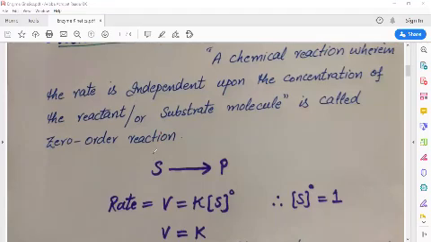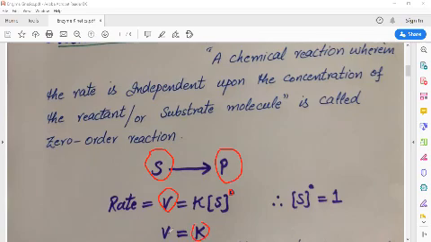In the general reaction, we can see this is the substrate molecule or the reactant molecule which is converted into the product P. The rate of the reaction or the velocity V of the reaction is equal to K into substrate concentration to the power naught. V is equal to K. K is the rate constant.